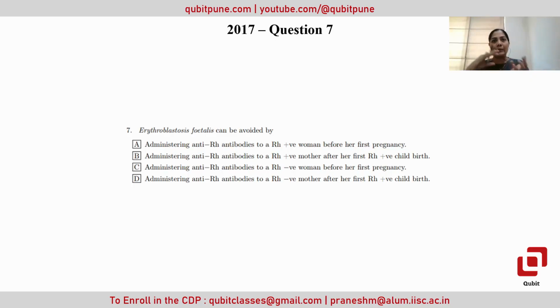However, at the time of delivery, it is possible that some blood cells may come in contact with the mother's blood. If the mother is Rh negative and the child is Rh positive, then because of this exposure the Rh positive factor will work as an antigen for her. So the mother's blood will start preparing antibodies against Rh positive blood.